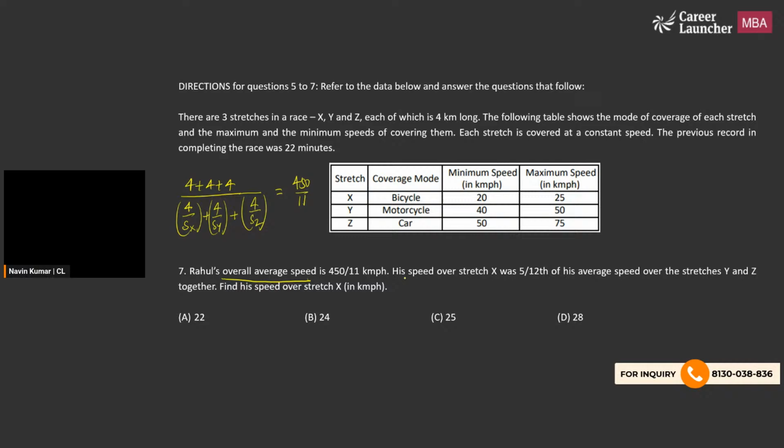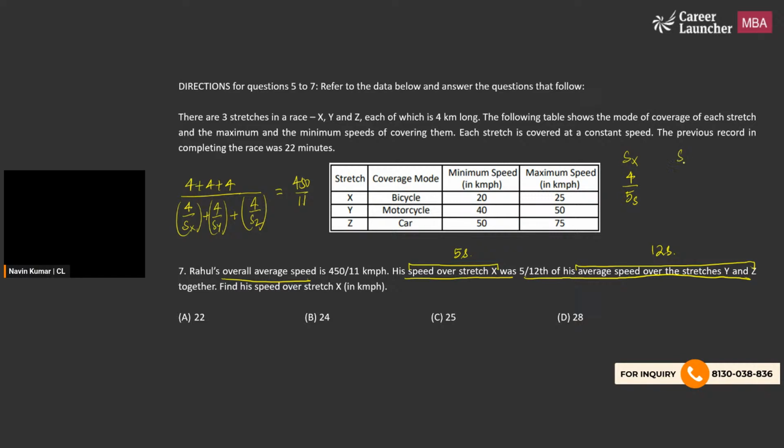We are also told that his speed over stretch X was 5/12 of his average speed over the stretches Y and Z. So if the average speed over stretches Y and Z is 12s, then his speed over stretch X is going to be 5s. So the time on stretch X is going to be 4 divided by 5s, right?